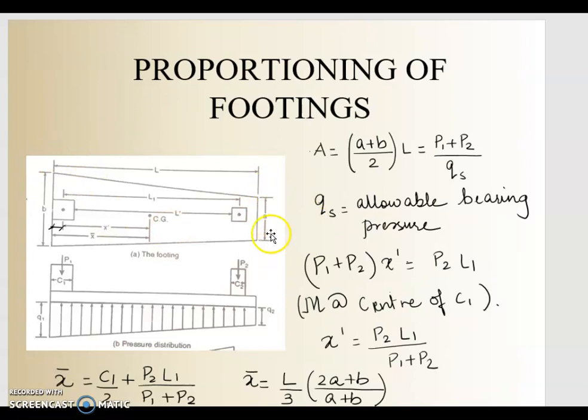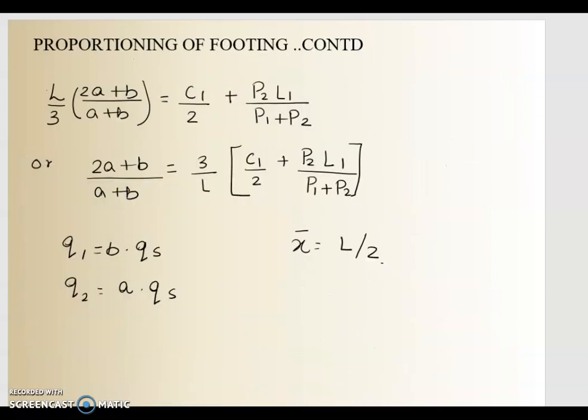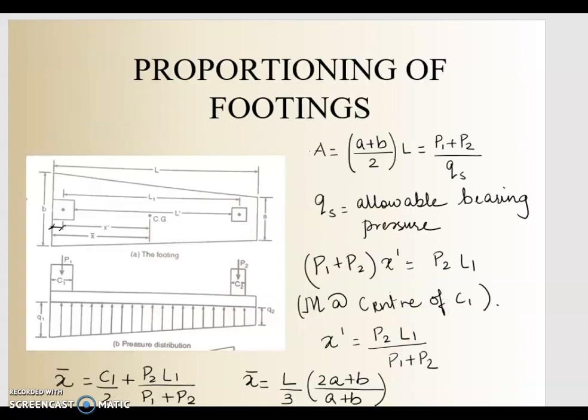If A is 0, then this trapezoidal footing reduces to a triangular footing. Then X bar will be equal to L by 3, but this is a very theoretical case.